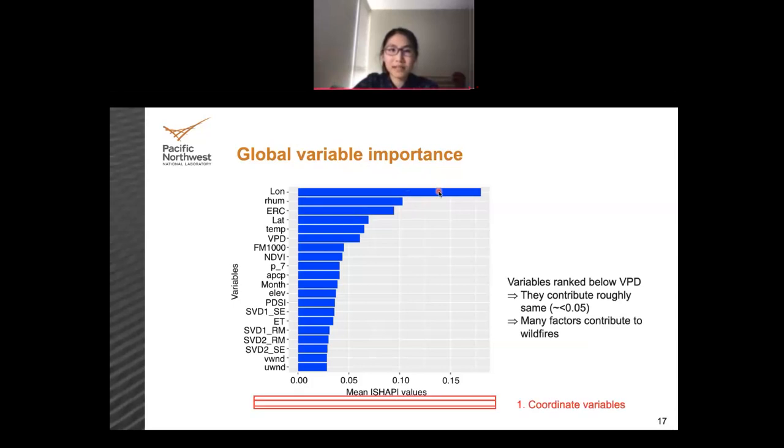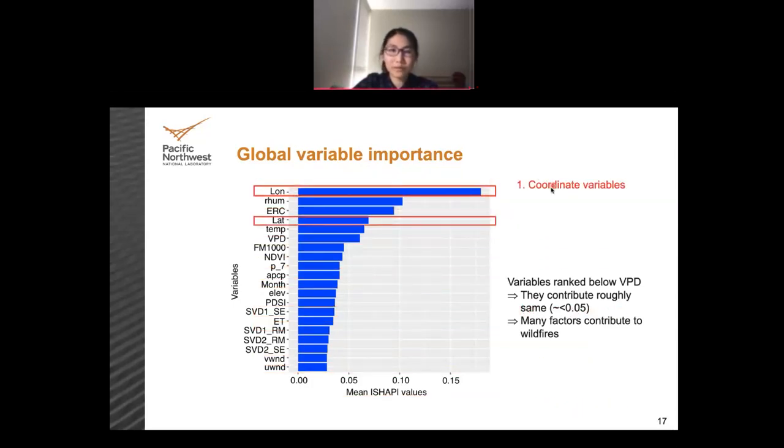First we can see that coordinate variables, including longitude and latitude, are generally important. And the second type is local meteorology, including RH, ERC, temperature, and VPD. So these two types of predictors are important for fires in general.